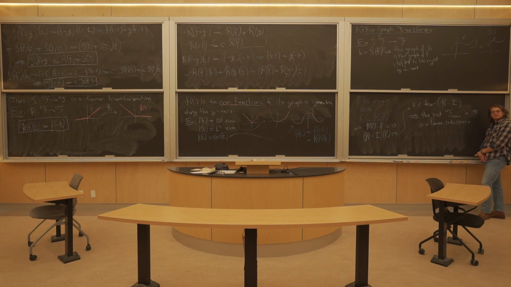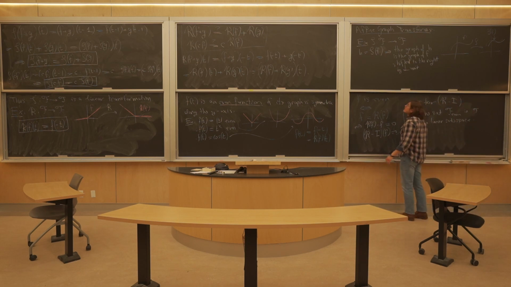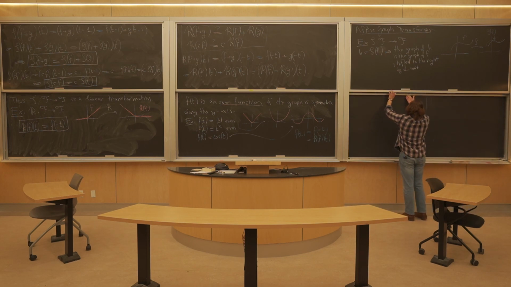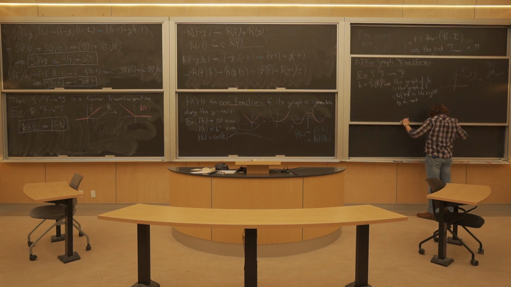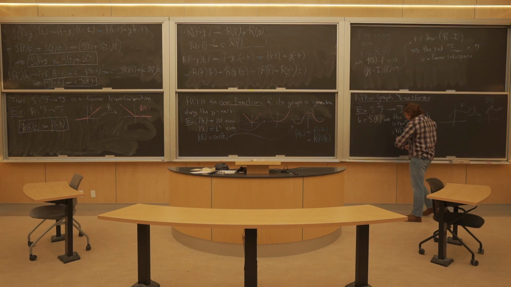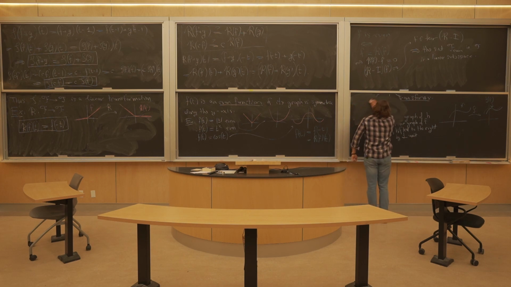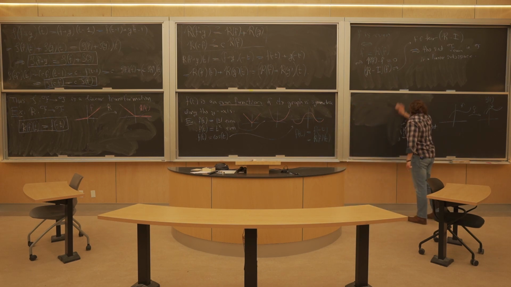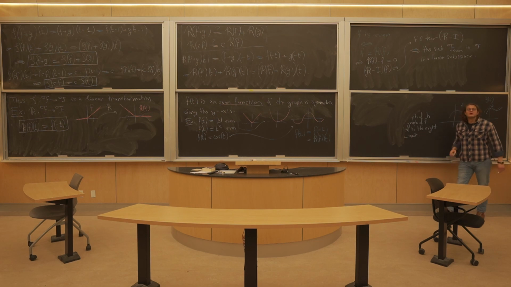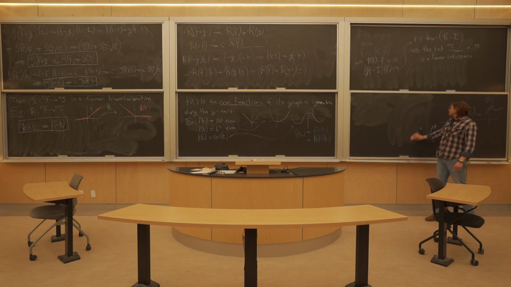Now, doing the same thing, I can apply the same reasoning and get odd functions. Yes? Given that it's the null space, why has there been a necessity to come up with another term, kernel?